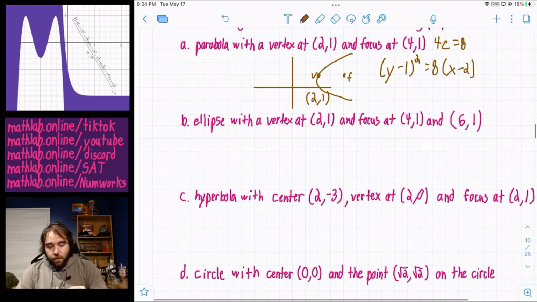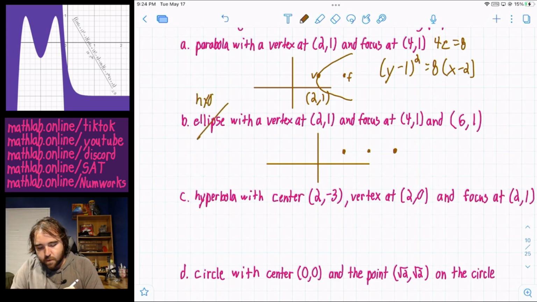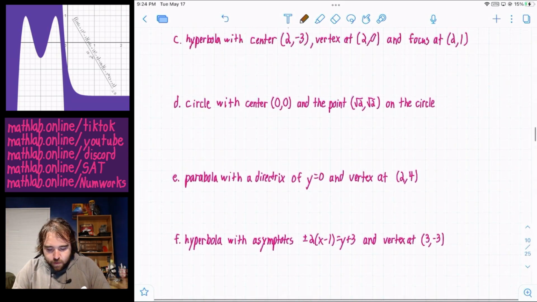The ellipse, this might be the one that's wrong maybe, because we got our vertex at 2, 1, our focus at 4, 1, and 6, 1. Oh, this is messed up. Was it meant to be a hyperbola?